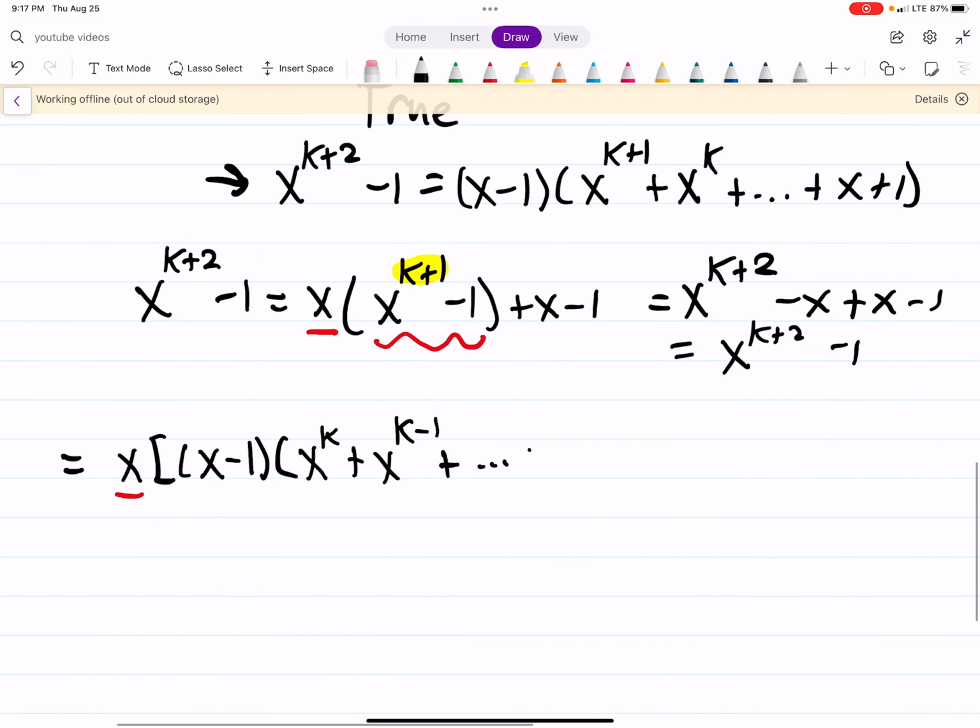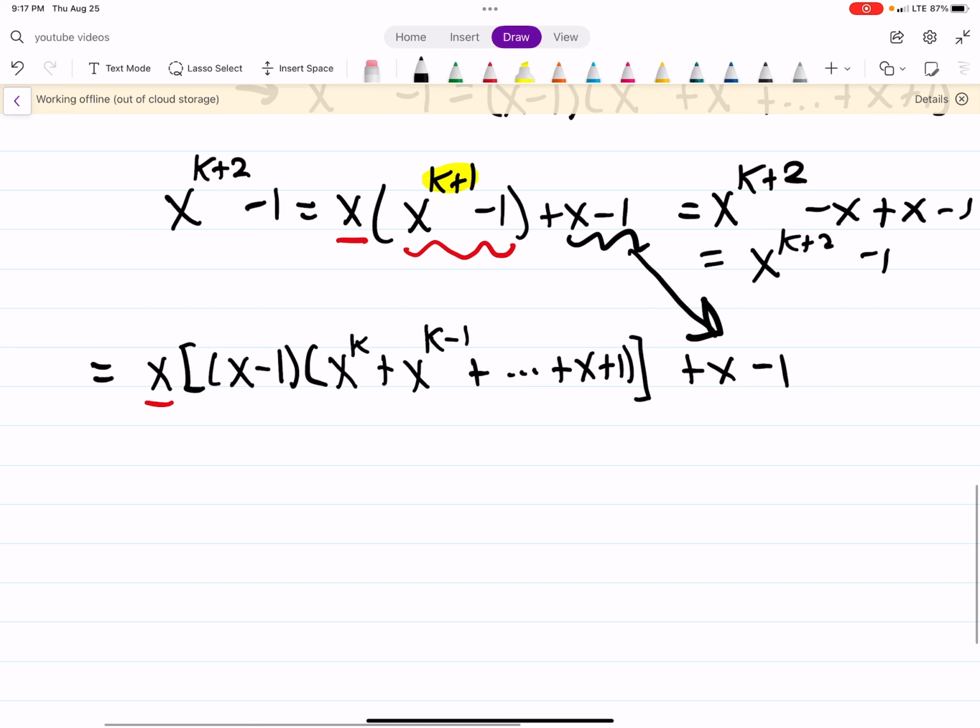Plus dot dot dot plus x plus 1. Okay. And then we still have plus x minus 1 from right here. So that just comes down. All right. So now what should we do? Well, we can pull out a factor of x to get rid of this x in the front.